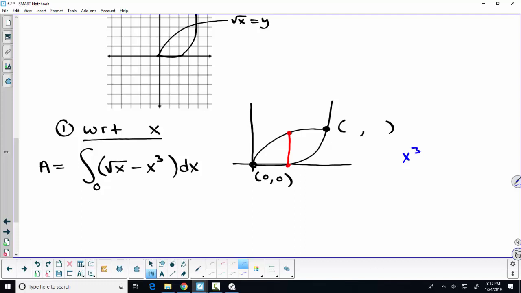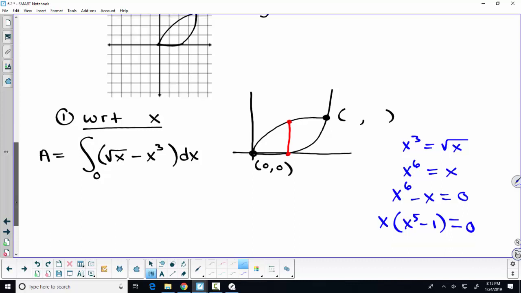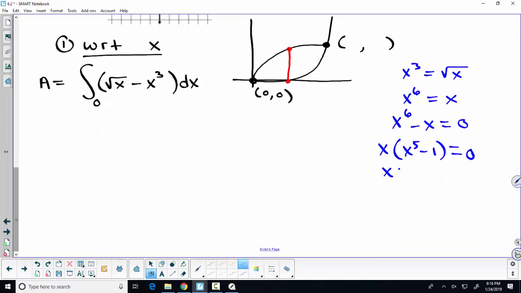When does x cubed equal the square root of x? When x to the 6th equals x, when x to the 6th minus x equals 0. So we factor out x: x to the 5th minus 1 times x equals 0. When x is 0, got that one here.